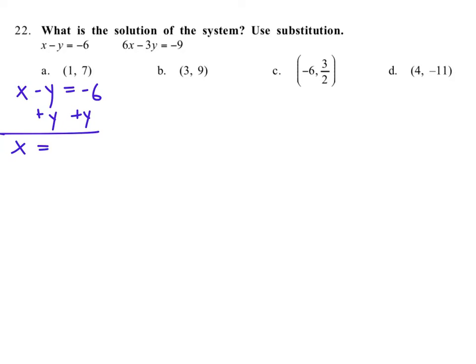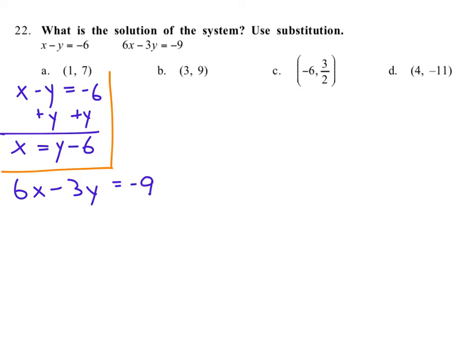It's already solved, right? The other equation, we'd have to move things to the other side. We'd have to then divide. It's a little bit messier. So when we solve for that, we've got that. And so we're going to use this equation when we substitute it in for the other equation. So I'm going to take 6x minus 3y equals -9.